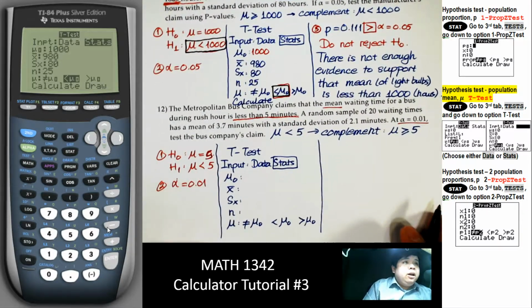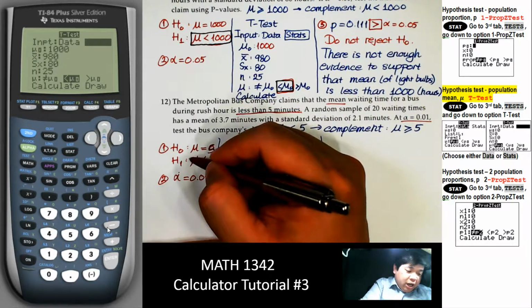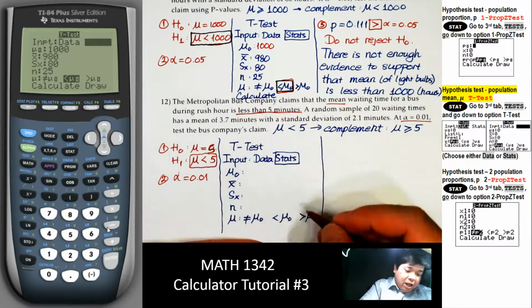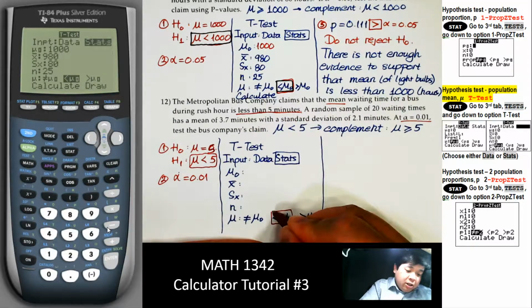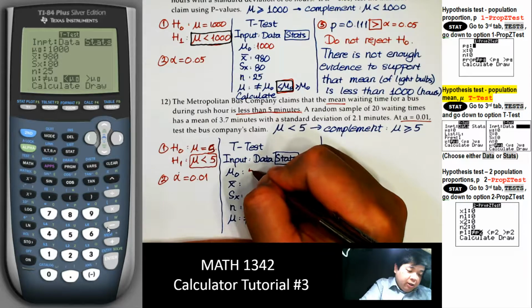Right. Now we look at the alternative hypothesis. We have less than, so we choose less than. The mu naught must be 5.